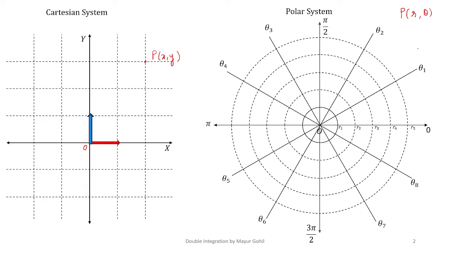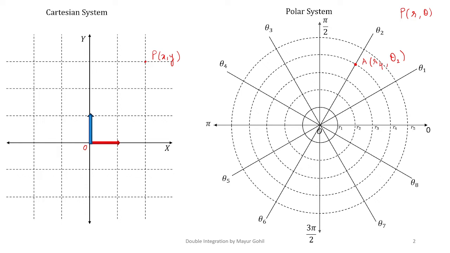So if I want to plot the coordinate for this point, let's say I call it A, then this point has radius r4, so r4 is the radius, and theta 2 is the angle. So in the polar system there are two coordinates. The first one is the radius, the other one is theta.